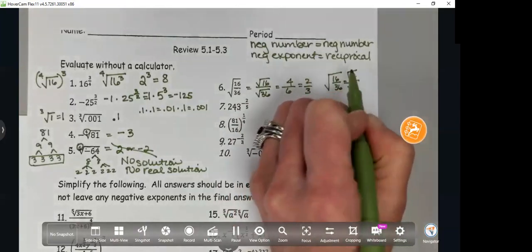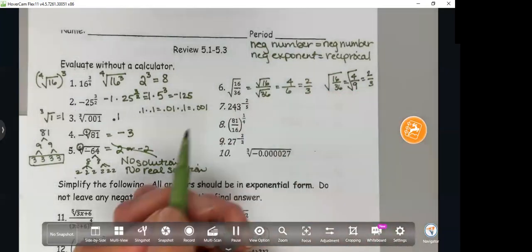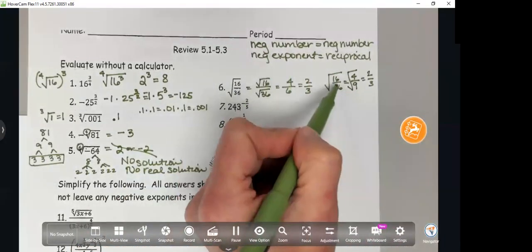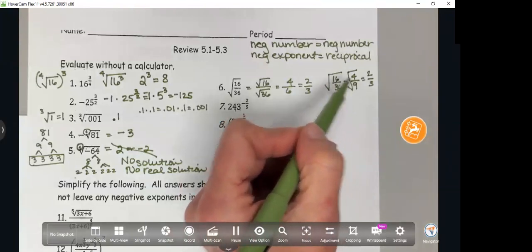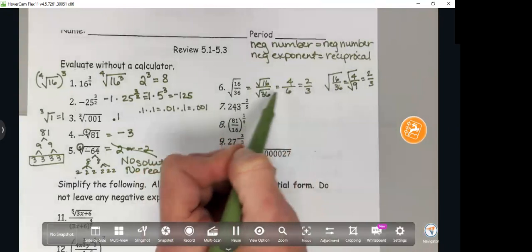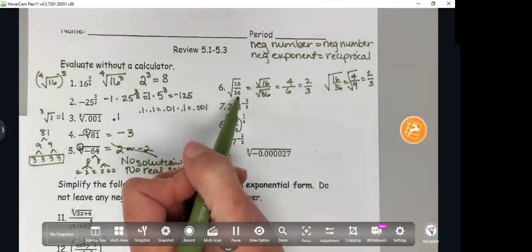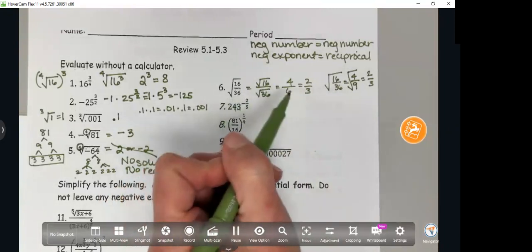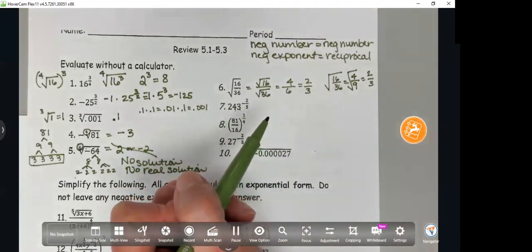So the square root of 4 over 9, and that would be 2 over 3. So you can do it either way. You can reduce this fraction first and then take the square root, or you can take the square root first and then reduce. Now, if it's perfect squares, it won't matter which way you do it. If it's not perfect squares, then you need to do the way that it's going to simplify the best.